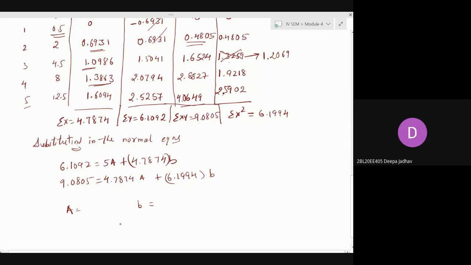Madam, A value is minus 0.6906. B is 1.997. Anybody else got the answer?